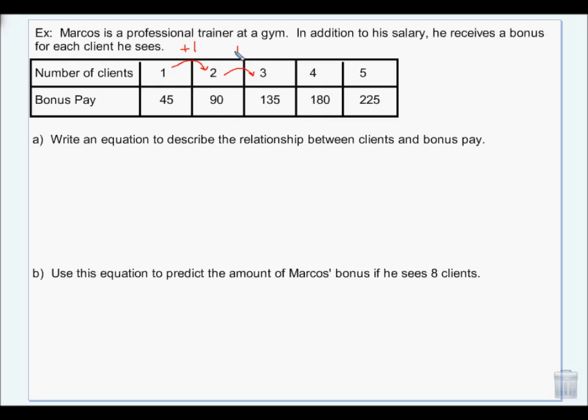Added 1, added 1, added 1. To go from 45 to 90, I added 45. Again, adding 45 and adding 45. These are the same each time.